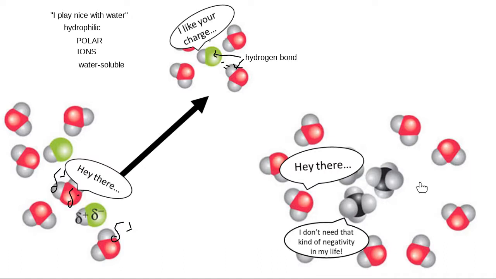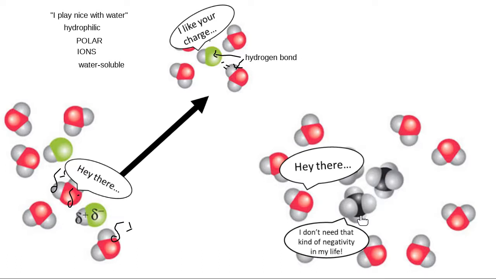What we see happening in this second picture on the slide is a molecule that does not have dipoles, a molecule that shares its electrons equally. When water comes over with its partial positives and partial negatives, these molecules don't want anything to do with that.